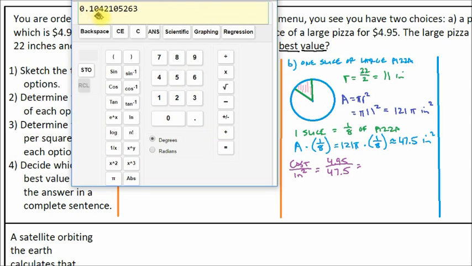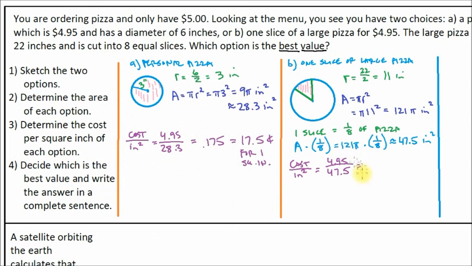And you end up with 0.104. That's dollars, because our cost is in dollars, $4.95. Multiply that by 100 and you convert it to pennies. 10.4 cents for 1 square inch.